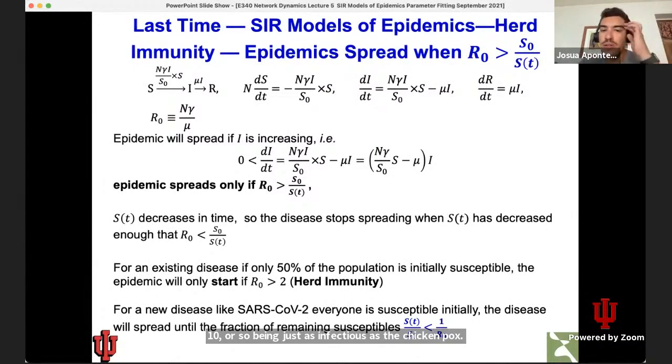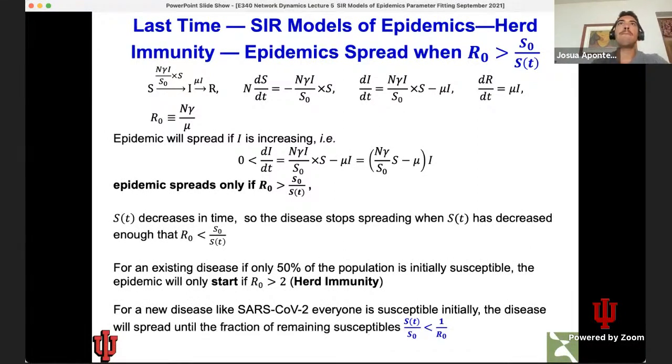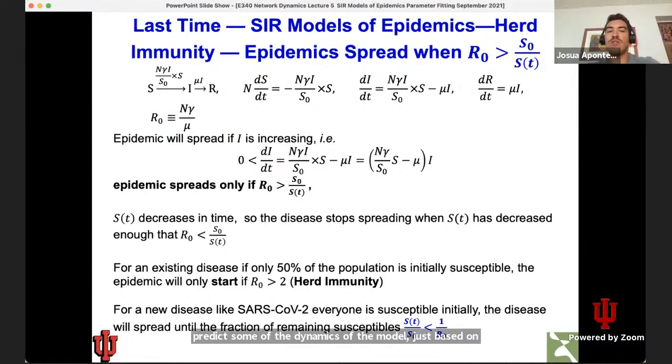So we also saw that when we know what the parameters of the model are, there are certain indicators that we can look at that will tell us what the dynamics of the model are, so that we can predict some of the dynamics beforehand just based on the values of these parameters.